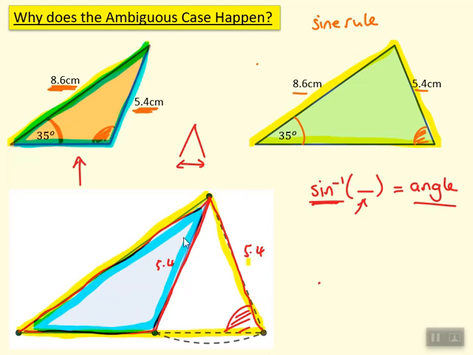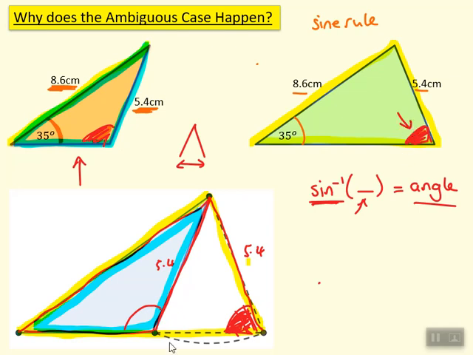It doesn't really know which one you're working with, so it defaults to one of them, and the one it works out is this one in this corner here. So it can't work out this angle here, it can only really work out the acute angle, so it gives you this angle in this corner here. So it doesn't work out that one, it works out this acute angle in this corner here.